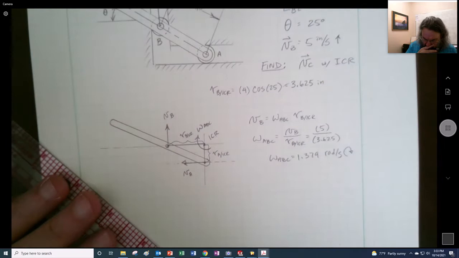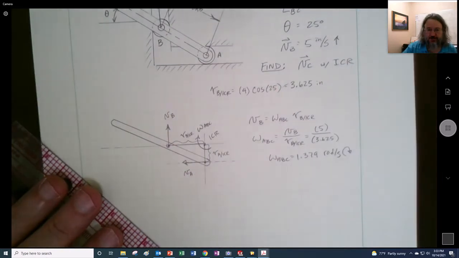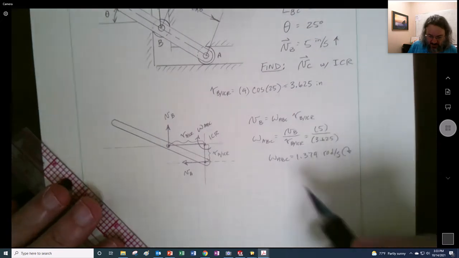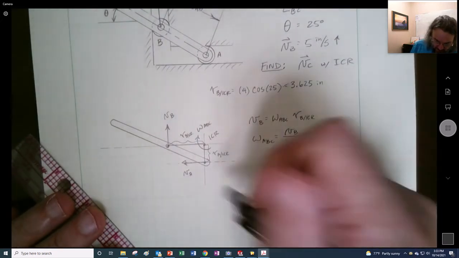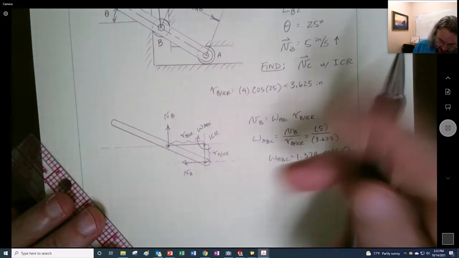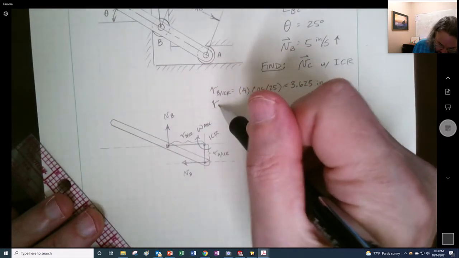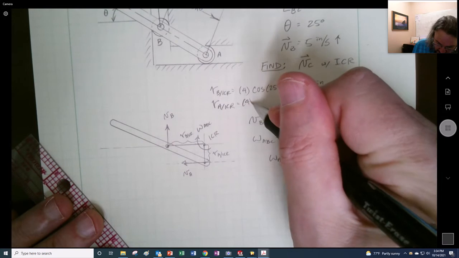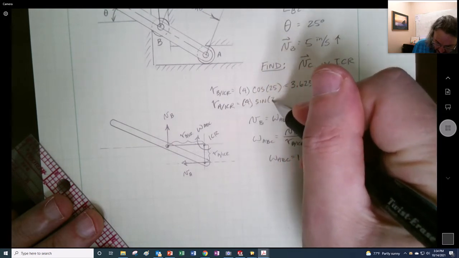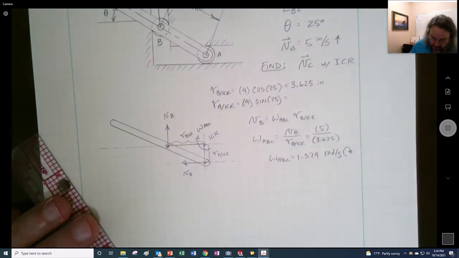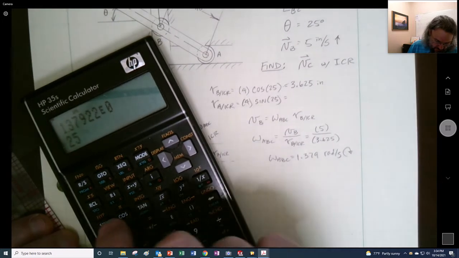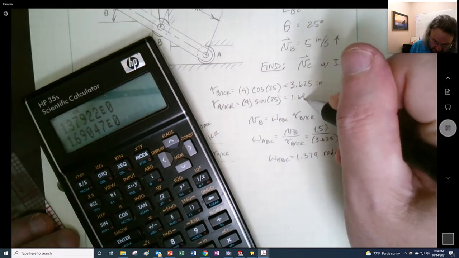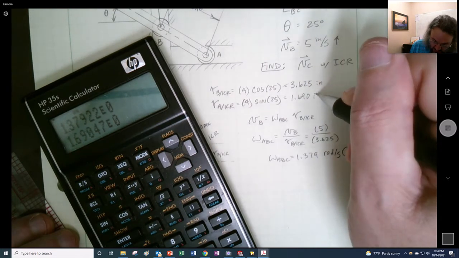But here's the thing. We didn't get asked what the velocity of A was, but we could find it really quickly because we could find R of A with respect to ICR. It's just going to be 4 times the sine of 25, right? So the sine of 25, we get 1.690 inches.